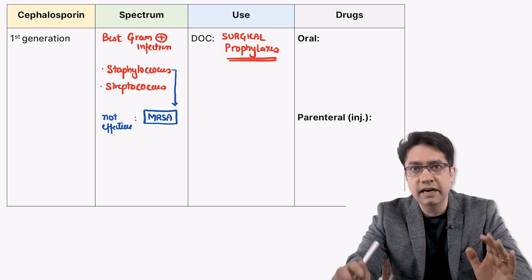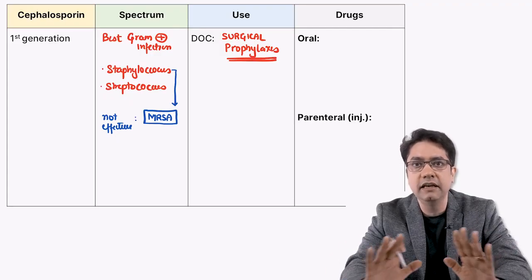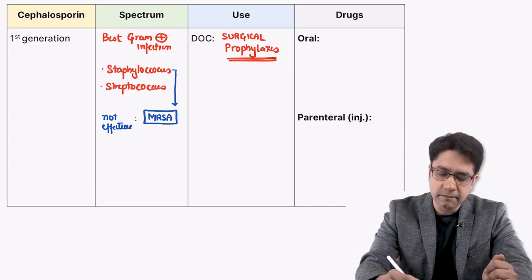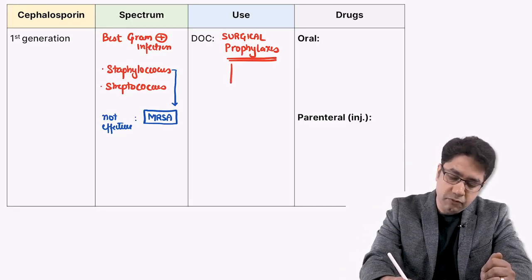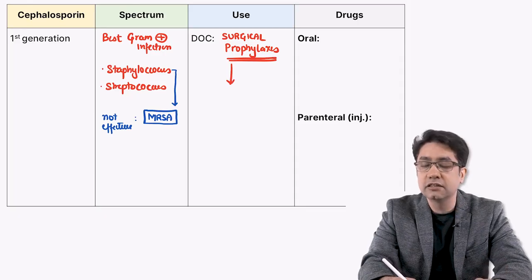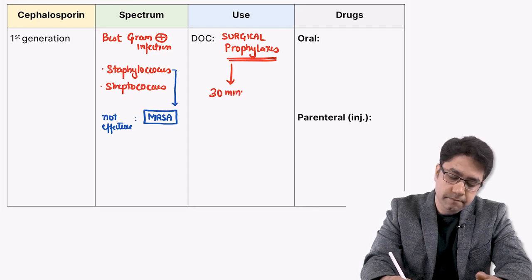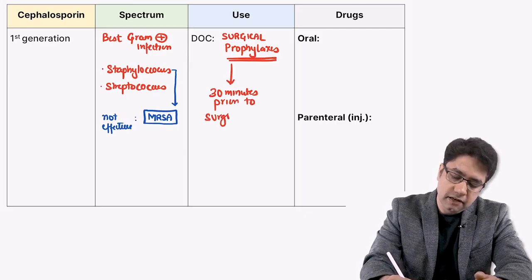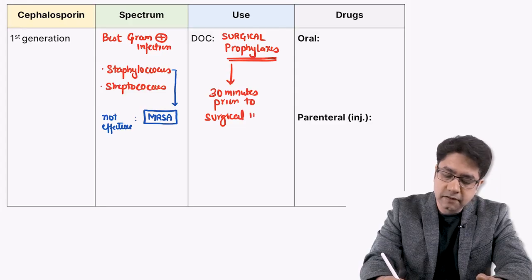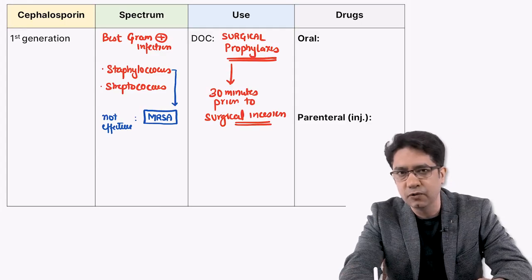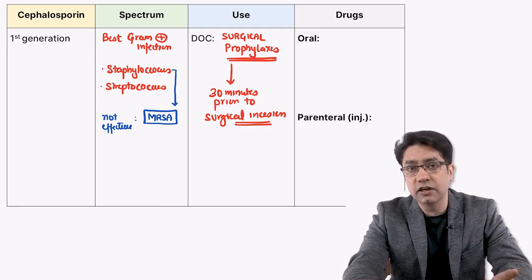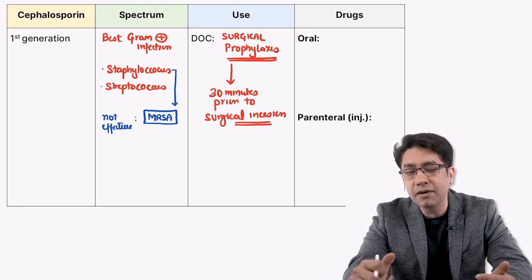We want that during surgery this bacteria should not come into the blood. This is known as surgical prophylaxis. So these drugs must be given 30 minutes prior to the surgical incision, so that Streptococcus and Staphylococcus should not enter into the blood.